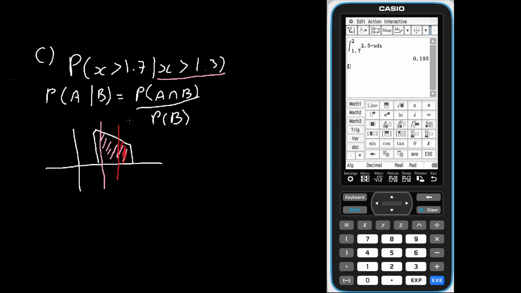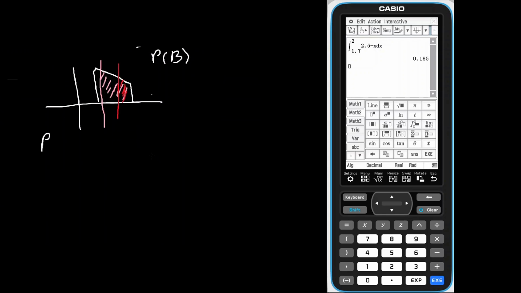So what we can say is the probability of x greater than 1.3 is equal to, let's just skip straight to the integral because we've done this a few times now. And we'll say use calc.